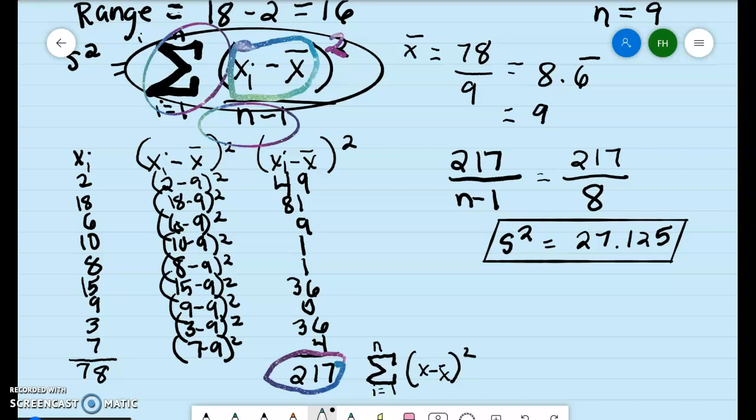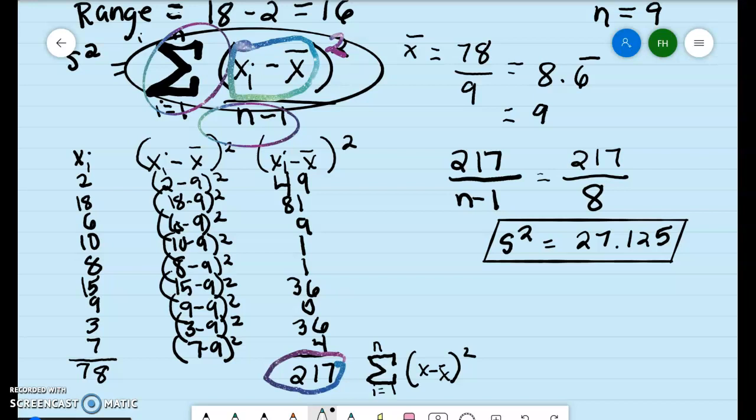And then the last part is to do our standard deviation. Now remember, the variance is telling you how spread out your data is around the mean. So our variance here is spread out about 27.125 around the mean. Once you get your variance, then what we have to do to get the standard deviation is take the square root of the variance.